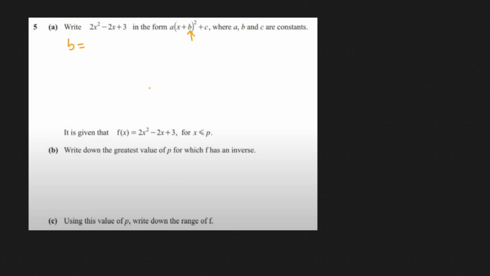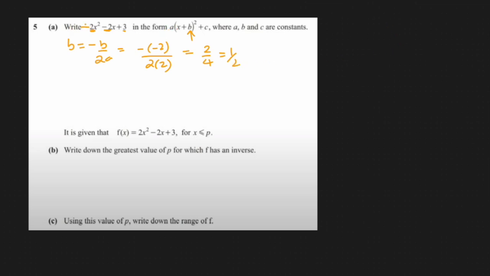So this is a for me, this minus 2 is b, and this is c. So minus b is minus 2 over 2a, so it becomes plus 2 over 4, half. This is the x coordinate of the vertex.